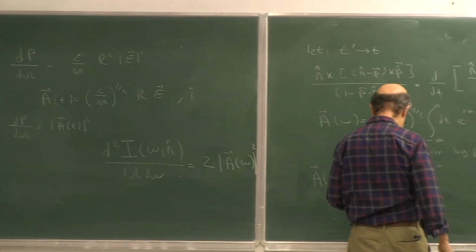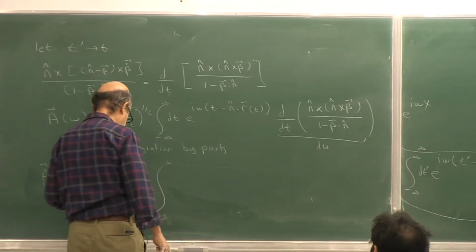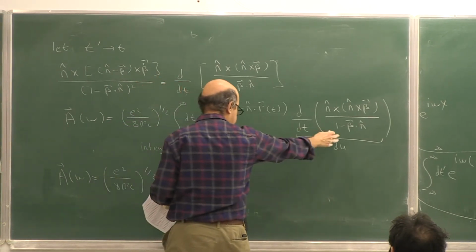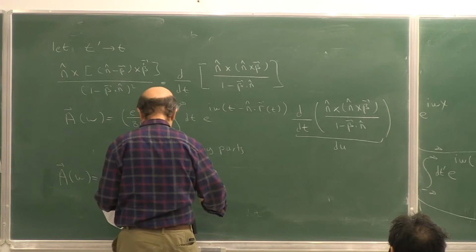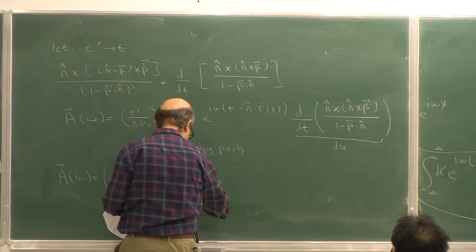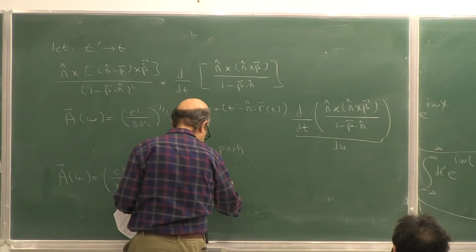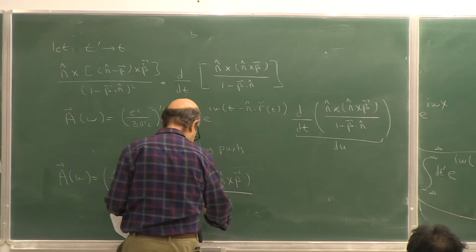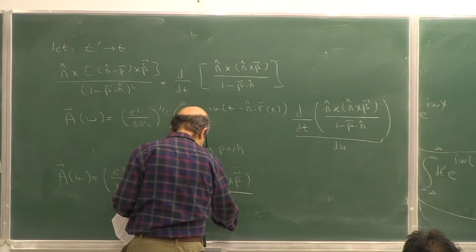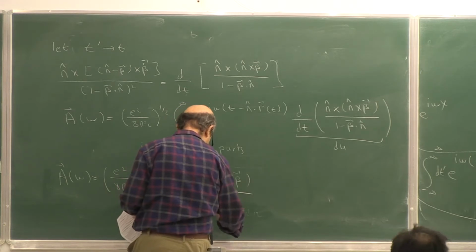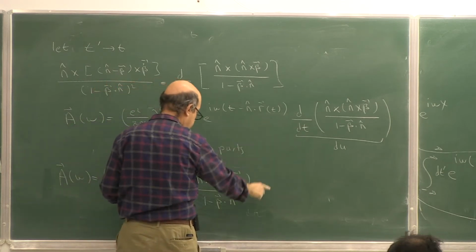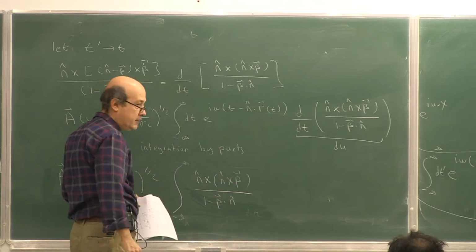And the integral of this, if you call this du, will be n cross beta divided by 1 minus beta dot n. And if you call this v, you should multiply by dv. What is dv?